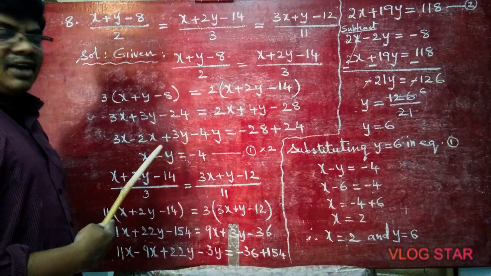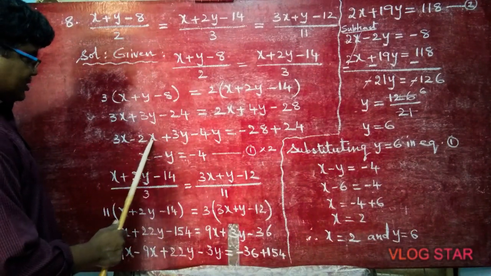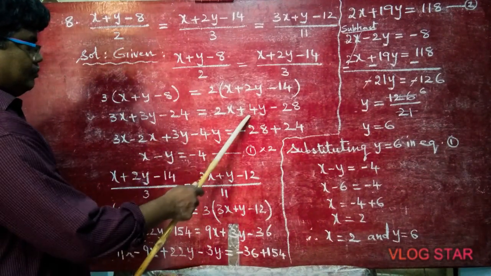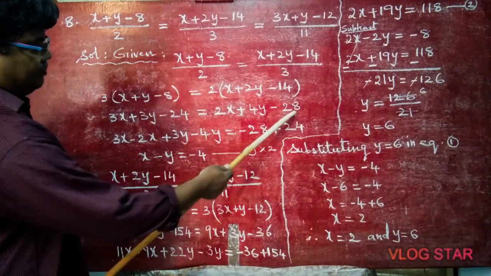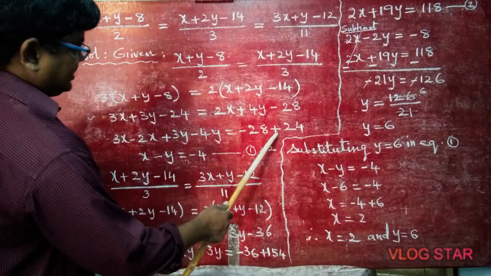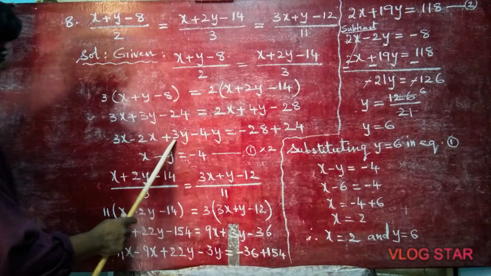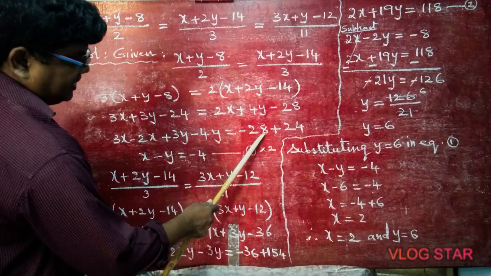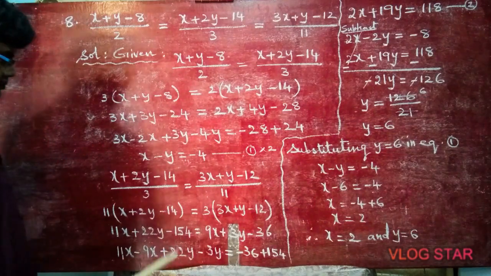Now bring variables to one side and constants to the other side. 3x minus 2x, plus 3y minus 4y, is equal to minus 28, and minus 24 coming from left to right is plus 24. 3x minus 2x is x, 3y minus 4y is minus y, is equal to minus 28 plus 24, which is minus 4. This is equation number 1.